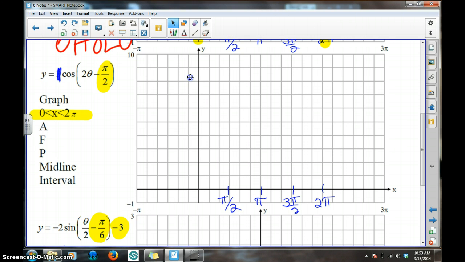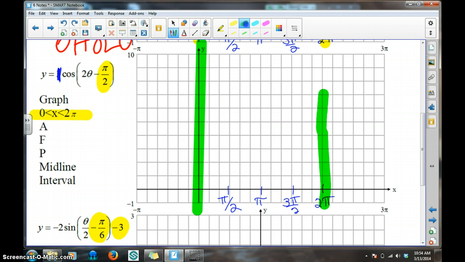I'm also going to find a way to mark off or identify the width, the domain, or the section of graph I should be graphing.